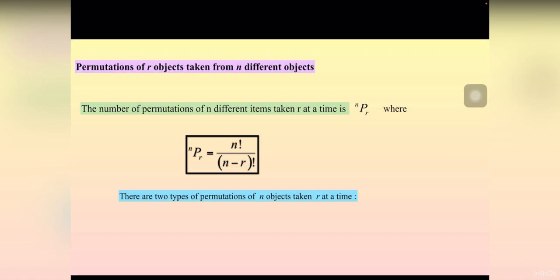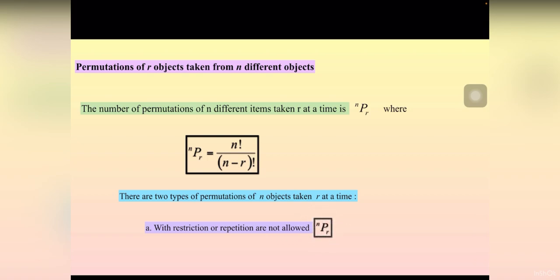There are 2 types of permutation of n objects taken r at a time. The first is with restriction, where repetition is not allowed.